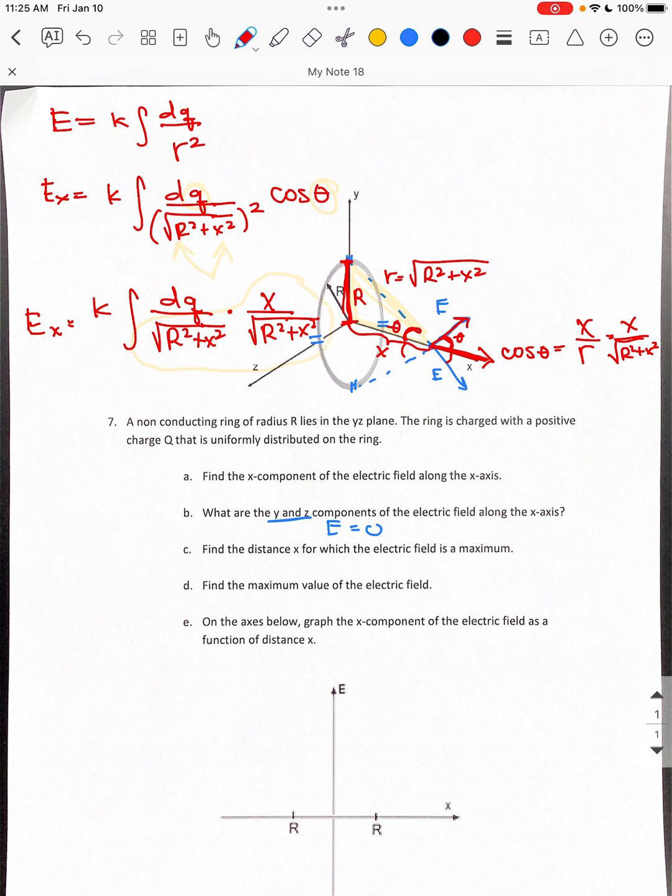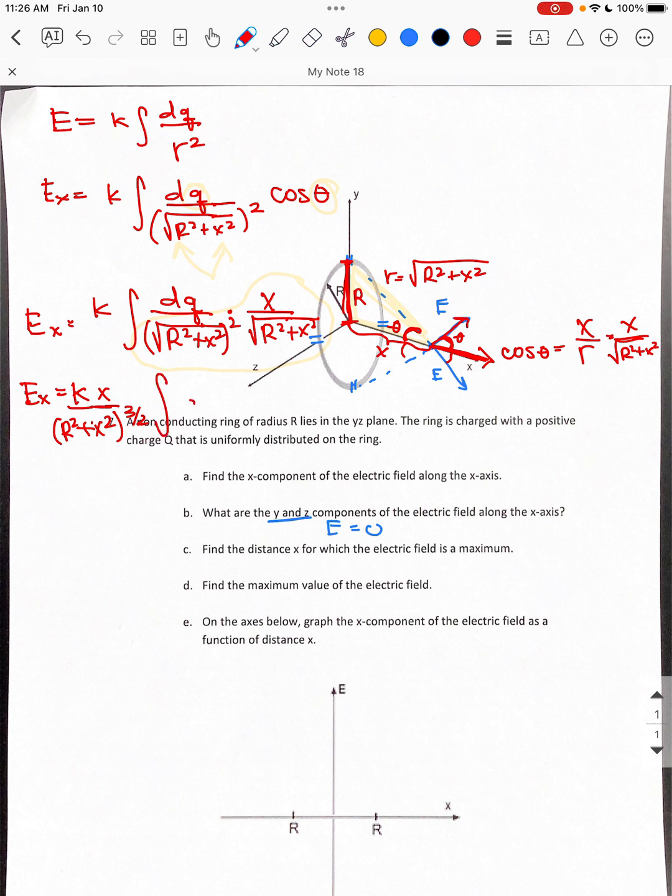Since all of these are constant, I'm going to write my equation as kx all over R squared plus x squared to the 3/2. Why? Because the square root is 1/2 for your power, and then obviously I have 2 of them here and then 1 on the right, so 3/2. And then that gets rid of our cosine.